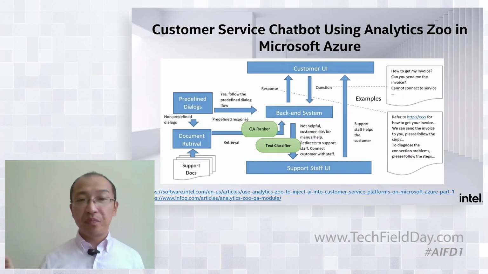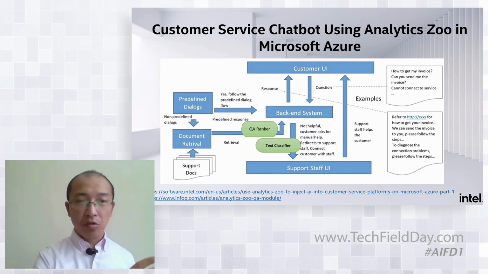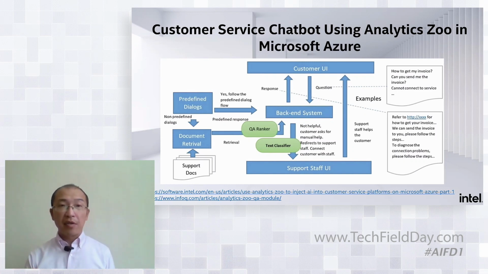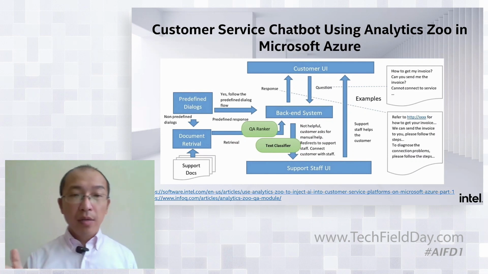So basically, they use a text classification model to classify the intent of the question. And based on the intent, they can accurately route the question to the right expert to provide the answer to the customer. So yeah, there is more information.